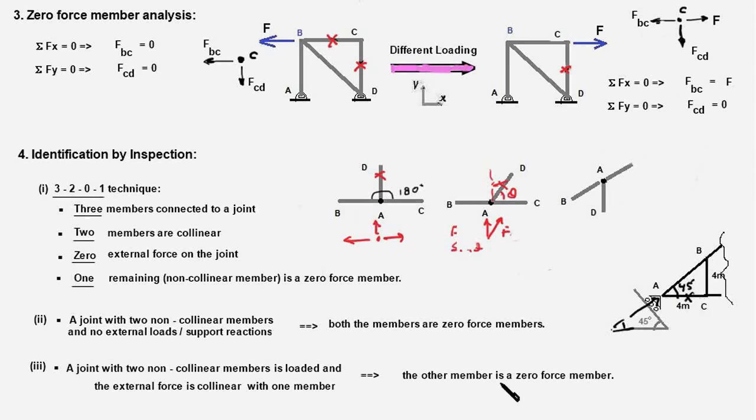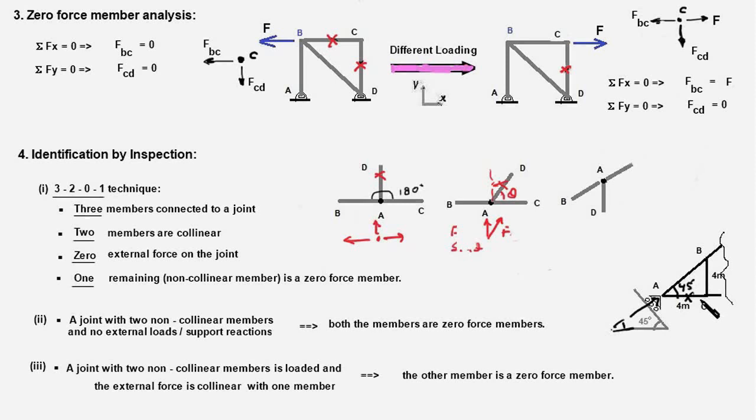The other member is a zero force member. So member AC will be a zero force member. So you have to be careful about the direction of the external force while applying rule number 3. Had it been vertical or in some other direction, then none of these members, AB or AC, would be zero force members. Right?